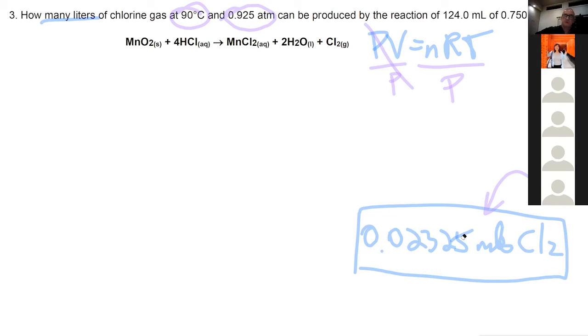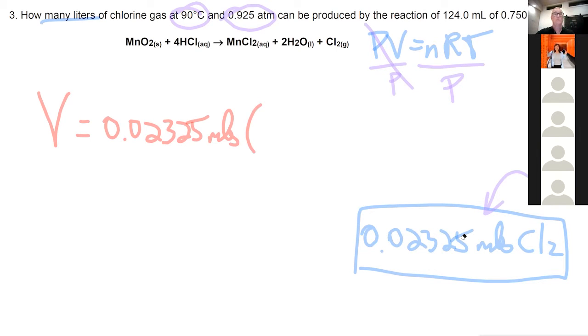So V is going to be equal to our number of moles, 0.02325 moles, times R. And what are we going to use for R? What's the value of R? 0.08206 liters times atmosphere over Kelvin over mole.